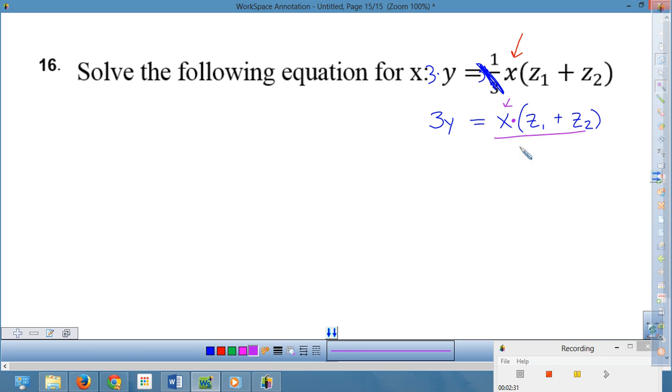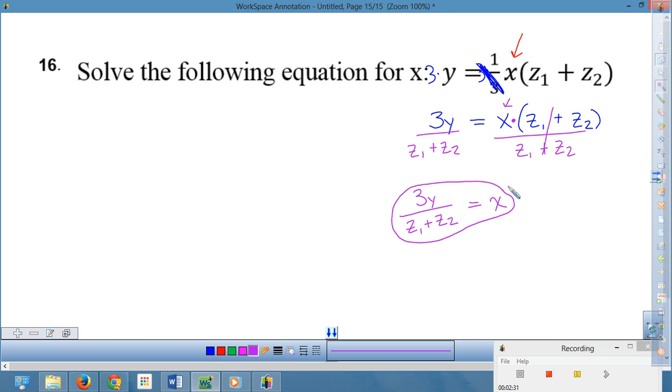You divide by z1 plus z2. If you divide this side by z1 plus z2, you divide this side by z1 plus z2. Okay? And so you get x equals 3y over z1 plus z2, and that's your final answer.